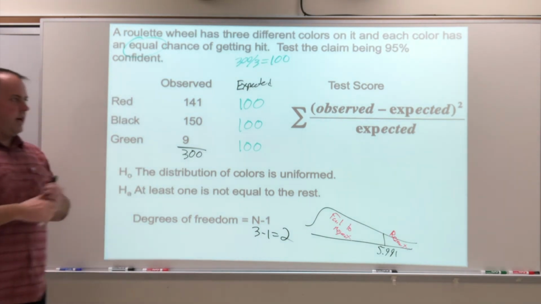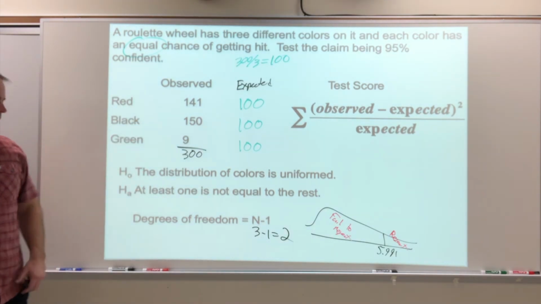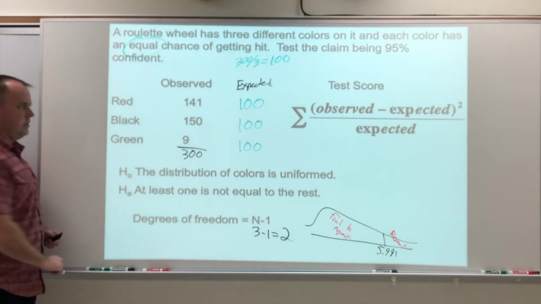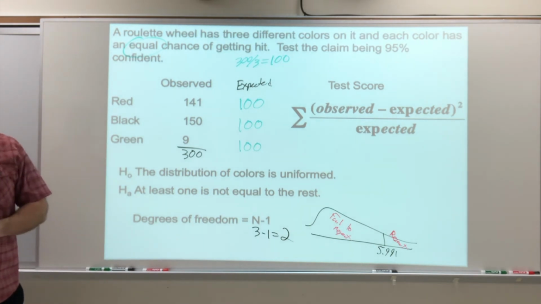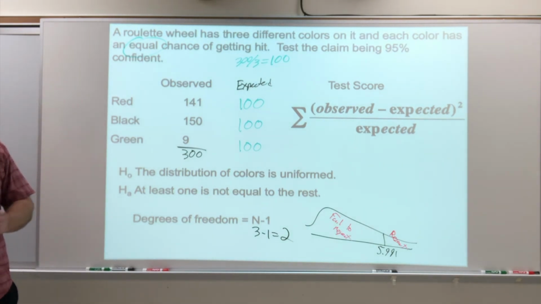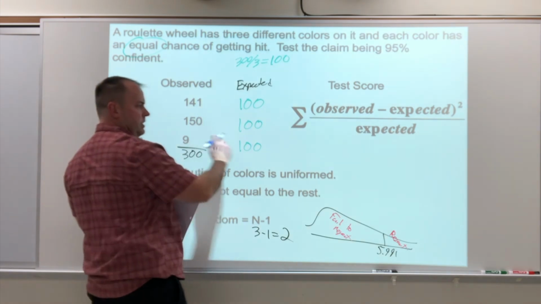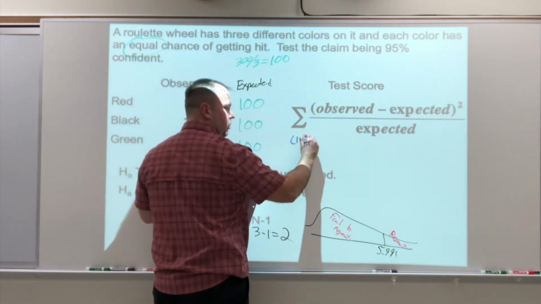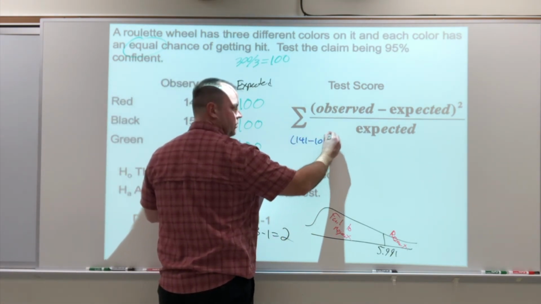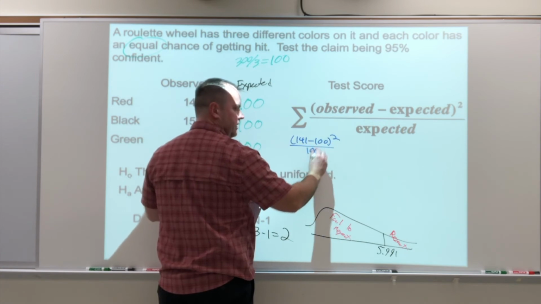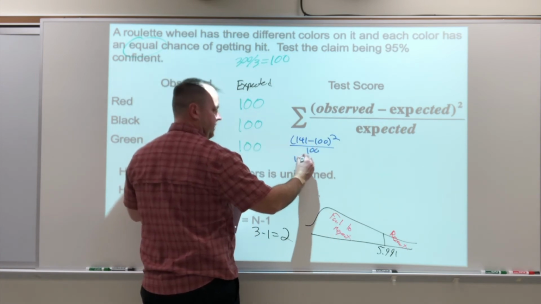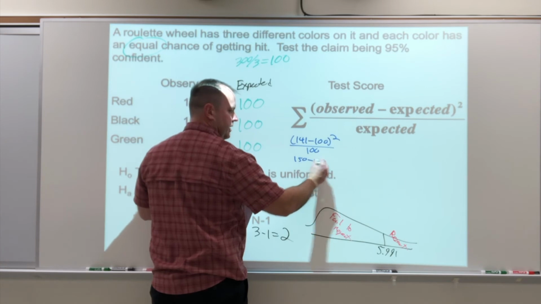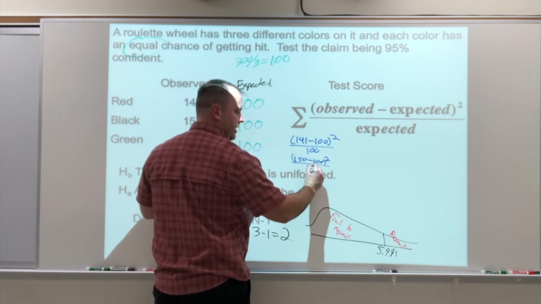And now I'm just going to do the same formula as I did for the contingency tables. I'm going to take each observed value minus the expected, square it, and then divide by the expected. So for each one of these, 141 minus 100 squared divided by 100. 150 minus 100 squared divided by 100.